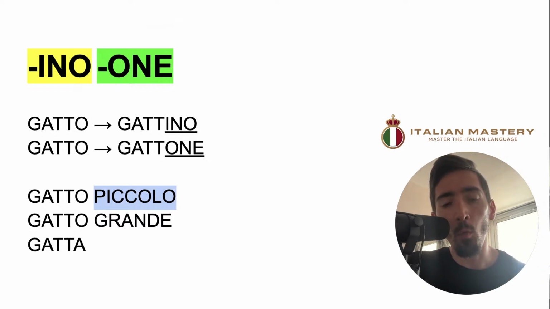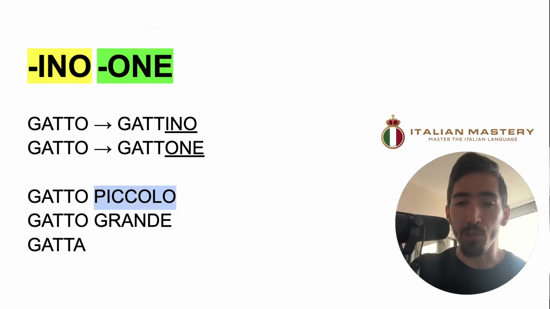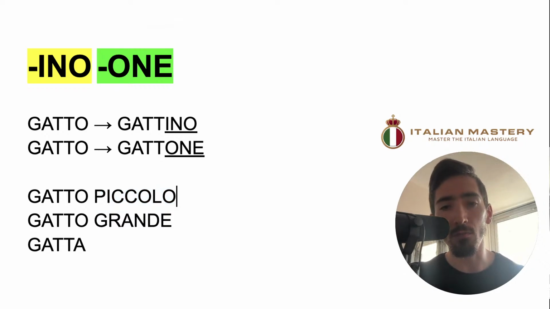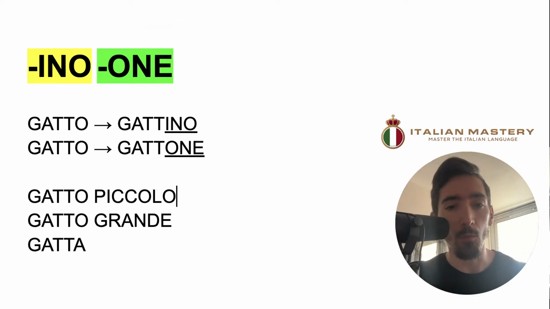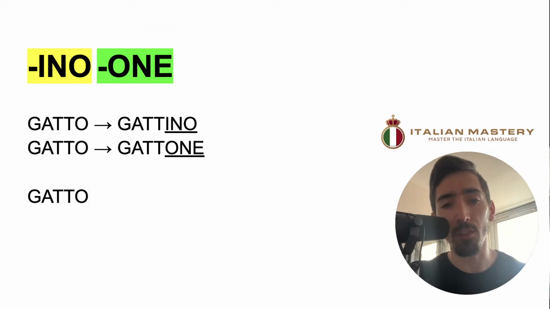Now, what do you do if you want to paint an image with regard to, say, a cat, we have this as an example in front of us. If we want to say this is a small cat, of course we can use adjectives.